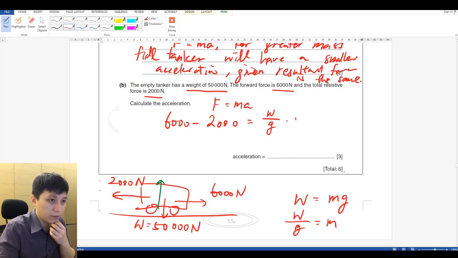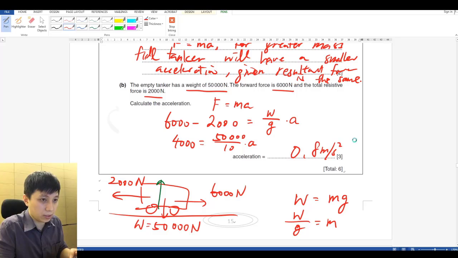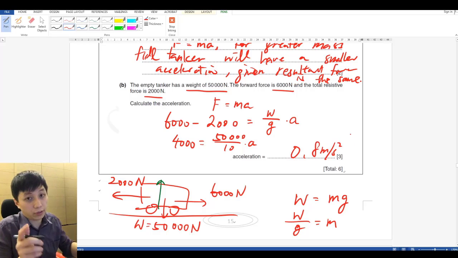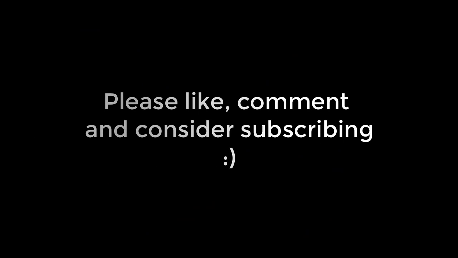So that would be for acceleration, and so that means 4,000 equals 50,000 divided by 10 times a, and using your calculator, the mass is 5,000, so 4,000 divided by 5,000 gives you 0.8 meters per second squared. So make sure you put down the unit and write down the unit correctly as well.